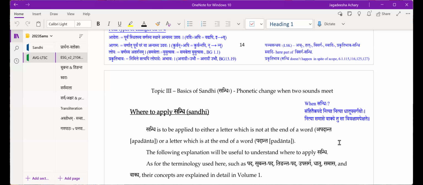Now, when we chant a shloka, sometimes, especially in Vishnu Sahasranama and Bhagavad Gita, at the end of the first pada and the beginning of the second pada, if there is a possibility of sandhi, sometimes people make the sandhi, sometimes people do not, and both of them are right.